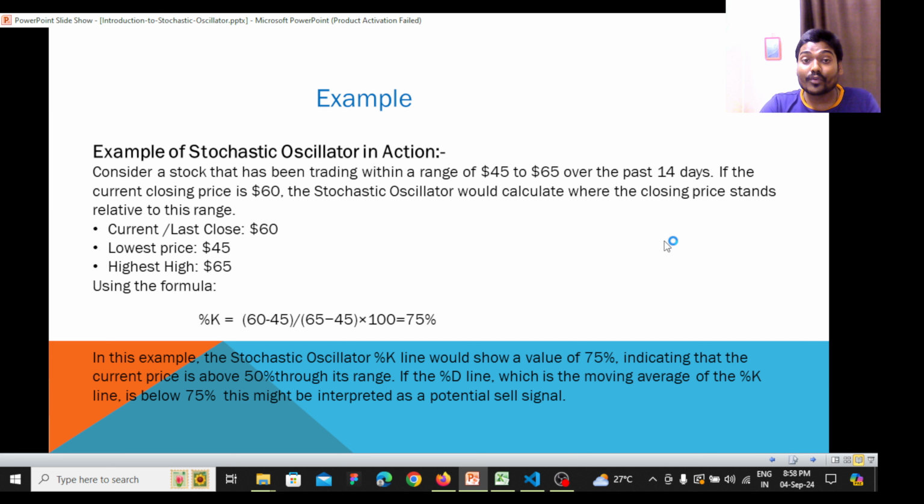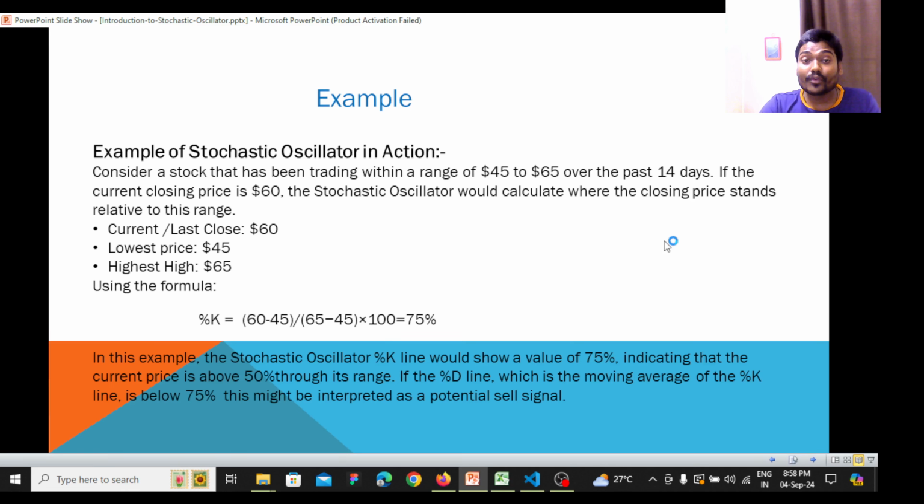So we see the example. Suppose we consider a stock that has been trading within a range of $45 to $65. So the minimum is 45, the current closing price is 60, and the highest price is $65.